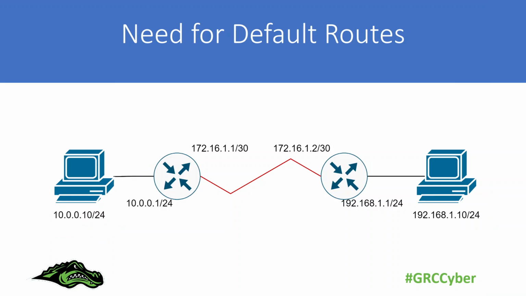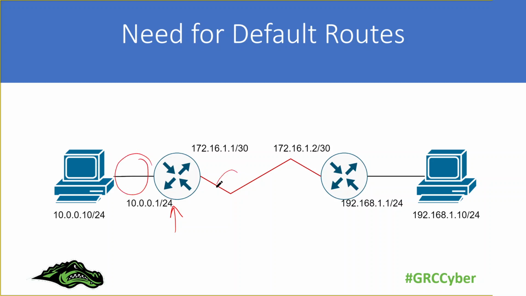When you talk about a default route from a router's point of view, this router knows about its directly connected networks. So it knows about this network over here, and it knows about this network over here. However, this other network on the far right-hand side, it doesn't know about.